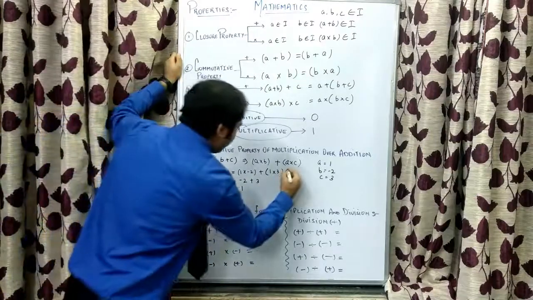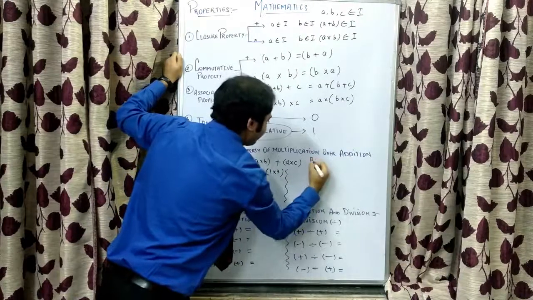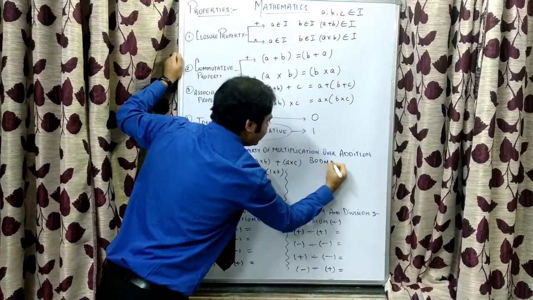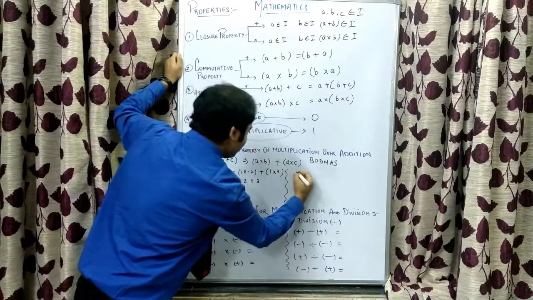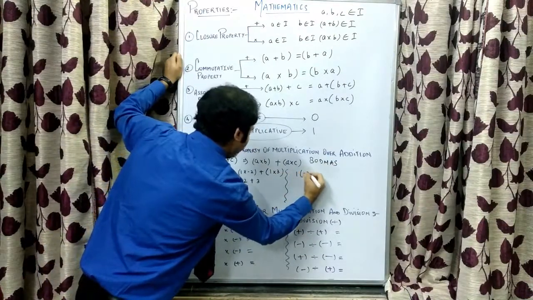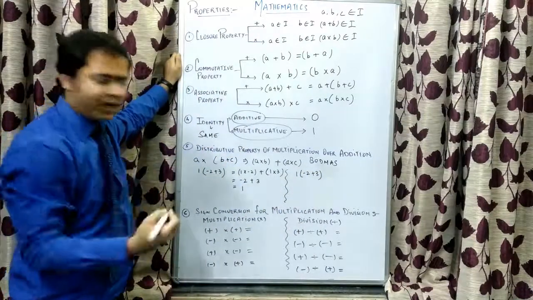Suppose we apply BODMAS. According to BODMAS, let us see what is the answer. So it is 1 bracket minus 2 plus 3. BODMAS says solve bracket first.